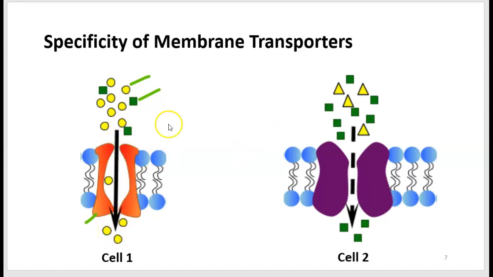Even if it's open, it doesn't matter. It cannot allow this green square molecule to go through. The same is true in cell number 2. In cell number 2, this particular transporter only allows the green square to go through, not the yellow triangle. Not that I know exactly what those are, but you know.